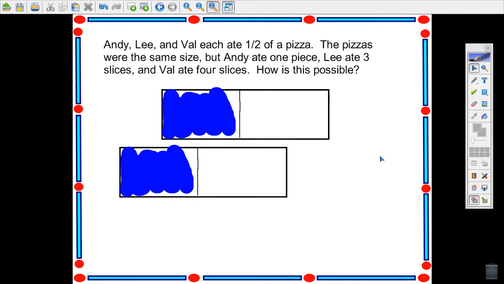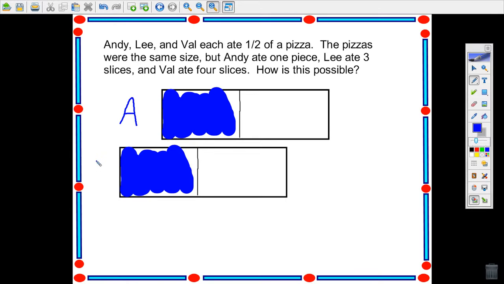Andy ate 1 piece. So we could say this one right here represents Andy's.